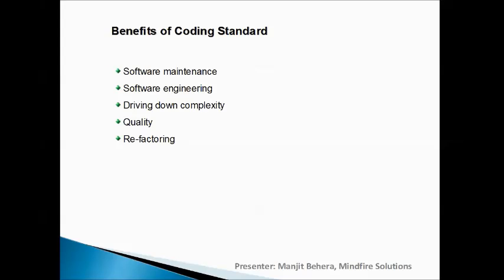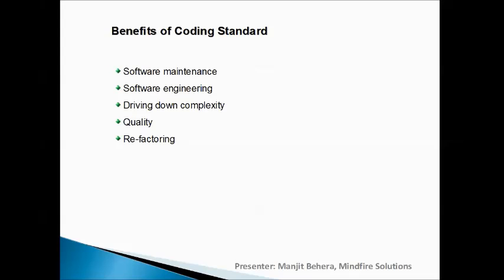Then the third one is driven down complexity. Driven down complexity also comes under maintenance. Suppose we are going to start a large application. At that time, to simplify the application, the coding standard will help us a large amount.